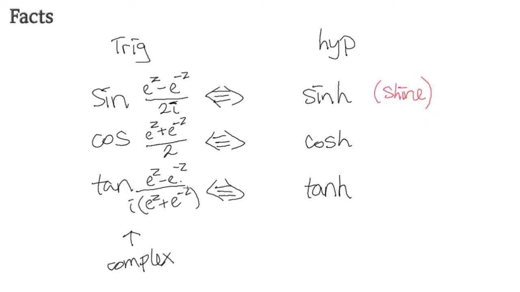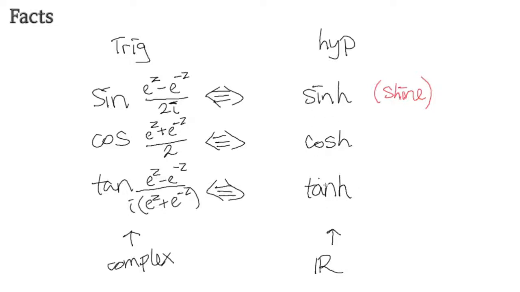I'm going to get back to that idea in the next chapter, which is chapter 9. So complex relates to oscillation, but for exponential stuff or hyperbolics, we have real. Let's put real for these.